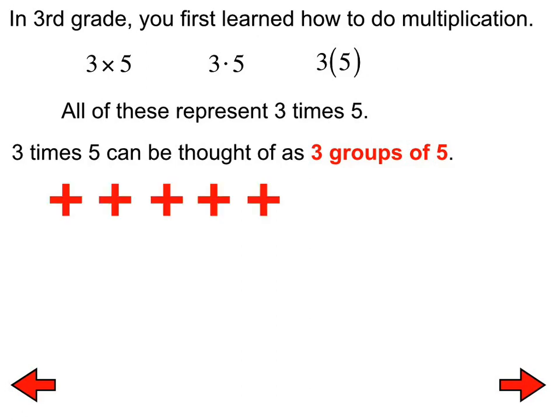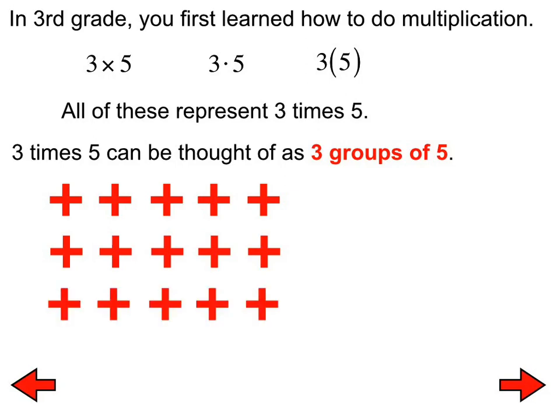So there's one group of 5, and so I'm using plus symbols since we're talking about positive numbers in this problem. But there's one group of 5, there's a second group of 5, there's a third group of 5. So 3 times 5 can be thought of as 3 groups of 5 positive symbols, and if we counted them, obviously there are 15 of them.